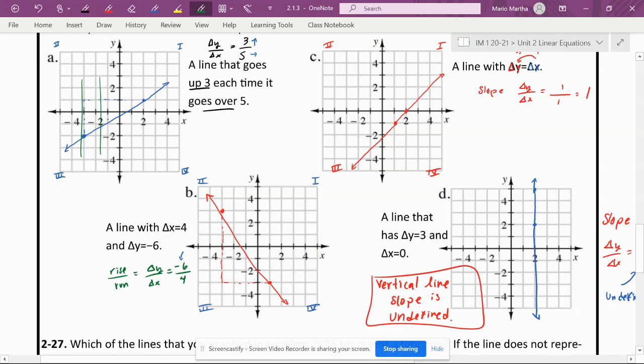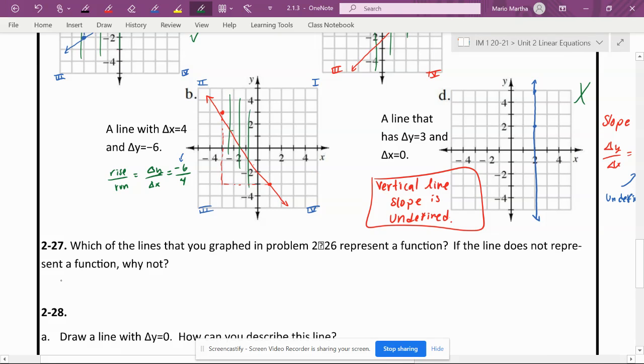This one is. The second one also checks off. B also checks off. So A, B, C are all functions. And then this one is a vertical line, so this one is not a function.